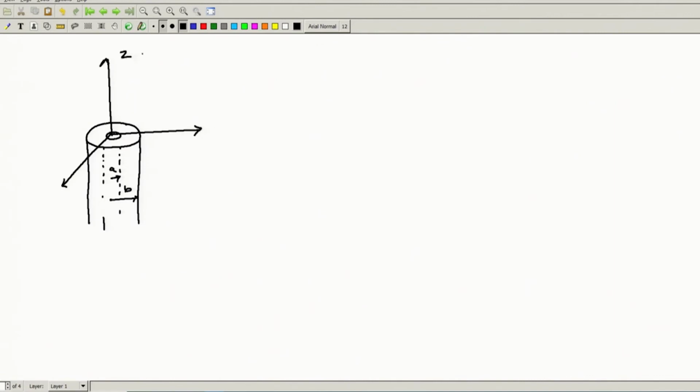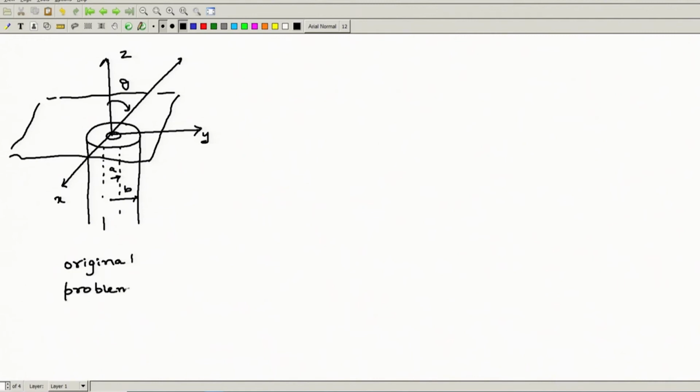This is Z, Y, X, and we have a ground plane over here. This angle is theta. Now, in the question, this was our original problem.